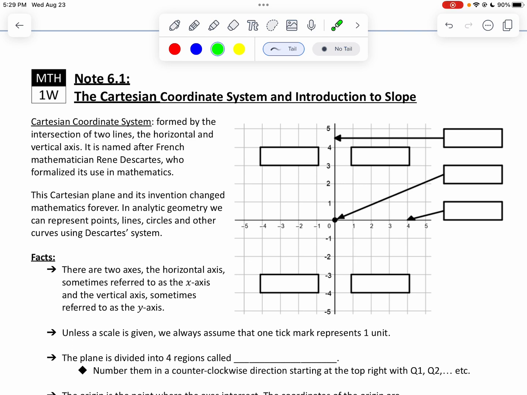So, a couple facts here. There are two axes. The horizontal axis, which we sometimes refer to as the x-axis. So let's fill that piece in. So our x-axis is this horizontal one right here, which we'll label with the x-axis. We also have the vertical axis, which is our up and down one, which we call the y-axis.